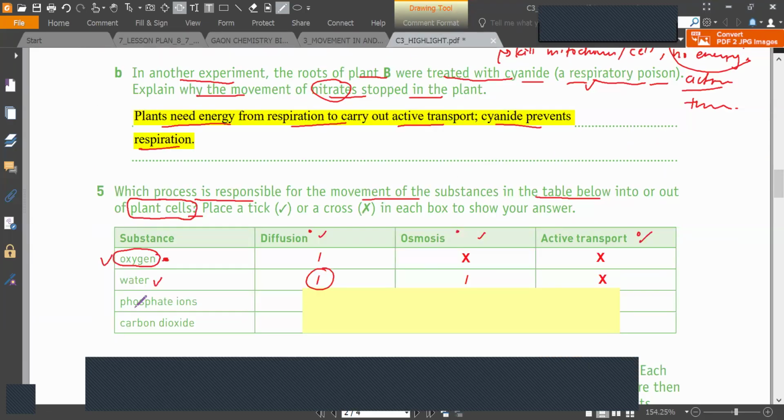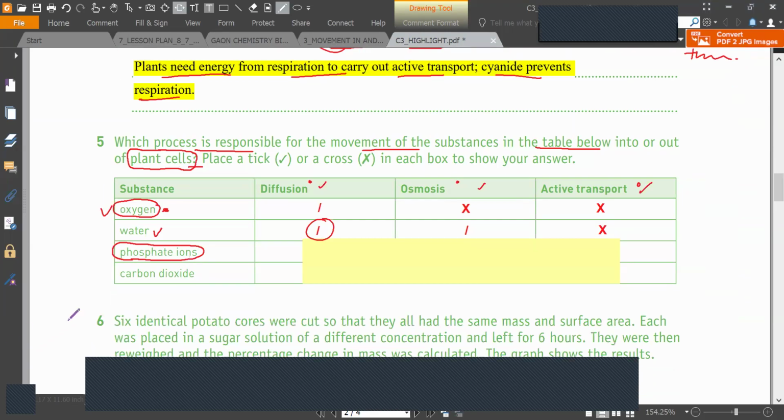How about phosphate ions? What do you think about phosphate ions? Diffusion, osmosis, or active transport? Active transport. Correct. Excellent.